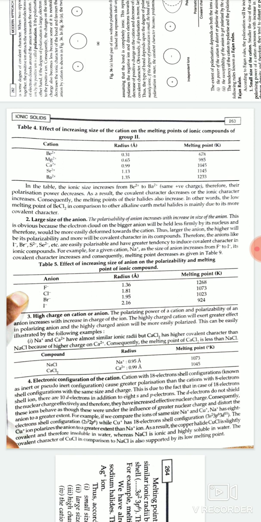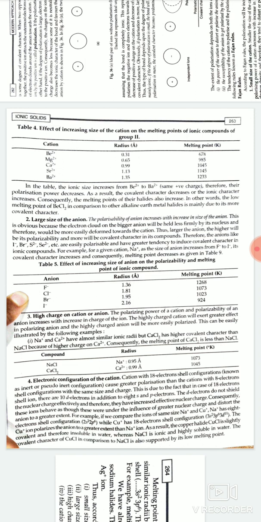Mg2+, radius 0.65, melting point 985 Kelvin. Ca2+, radius 0.99, melting point 1045. Strontium 2+, radius 1.13, melting point 1145 Kelvin. Then barium 2+, radius 1.35 and melting point 1233 Kelvin.